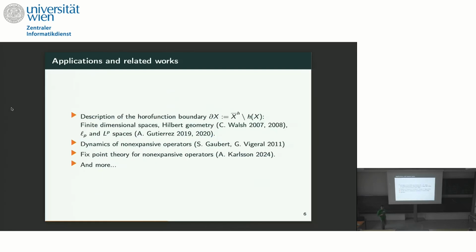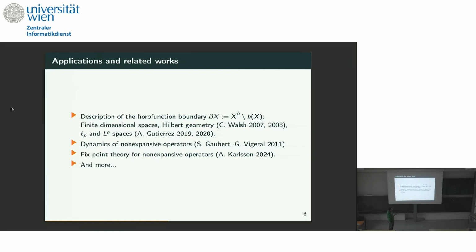Okay, before that, some related works and applications. Actually, there has been a big literature about understanding which are the new functions that we can create with this horofunction extension. This is mainly from hyperbolic geometry. However, there have also been works in the Banach space setting, trying to understand what the new functions are when our space is finite dimensional, or when our space is little l_p or capital L_p.